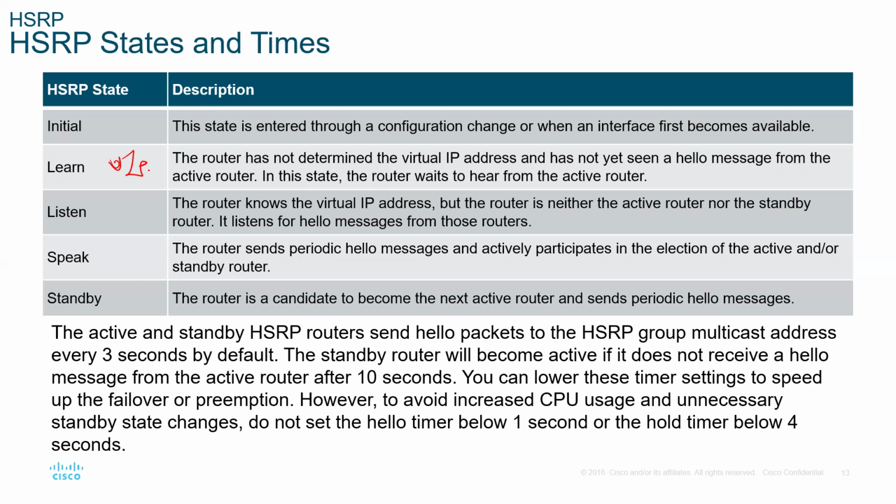In the listening state, we are now listening for hello packets. At this stage we now know the VIP, and we are listening to hello messages. However, no hello messages are being sent. In listening, we receive, but we don't send.